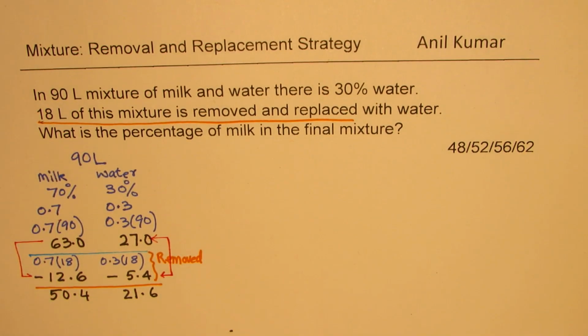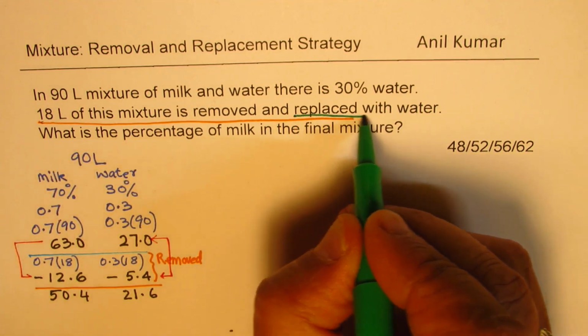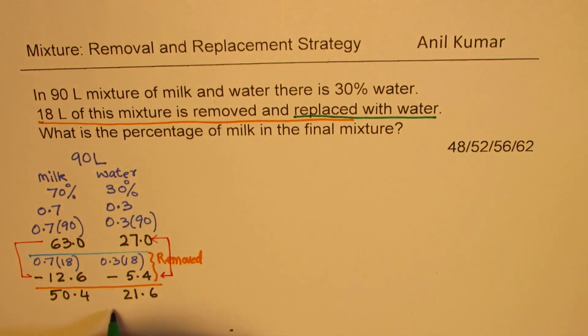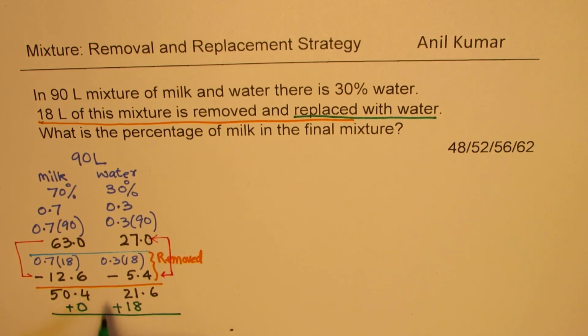Now what is done? It has been replaced by water, right? So the only quantity which is replacing it is water. So what we do here is we add 18 liters of water. Here we add nothing. So now finally what do we get? We finally will get a total of 90 liters, right?